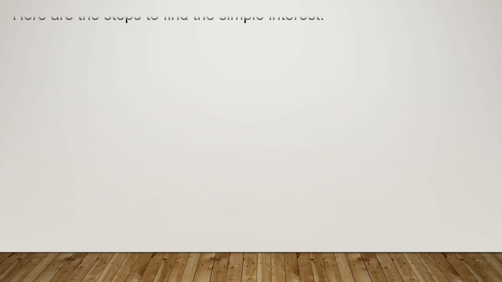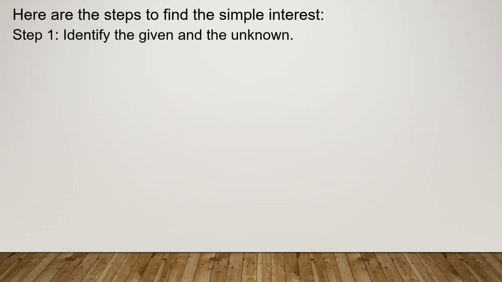Okay, let's have an example of the steps in finding the simple interest. First, step 1, you're going to identify the given and the unknown. Suppose we have the principal 10,000 pesos and the rate is 10%. You're going to convert the 10% into decimal. So 10% in decimal is 0.1.